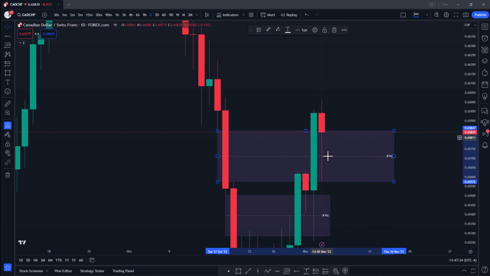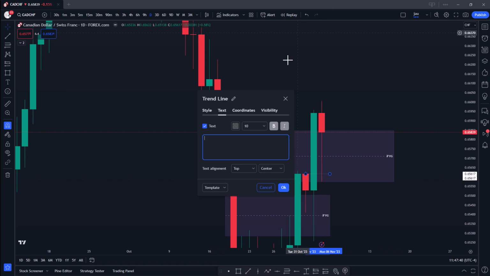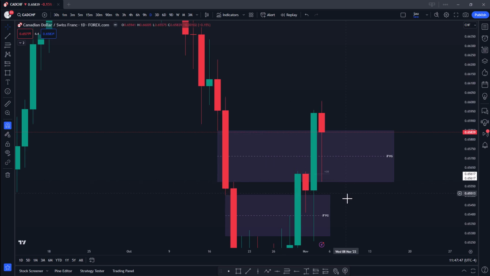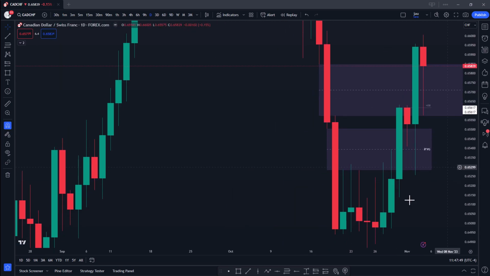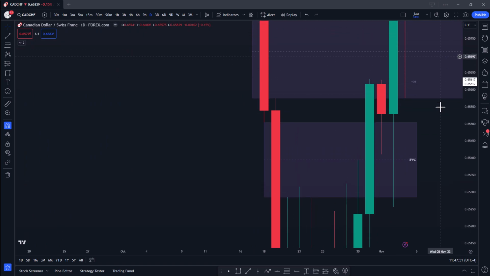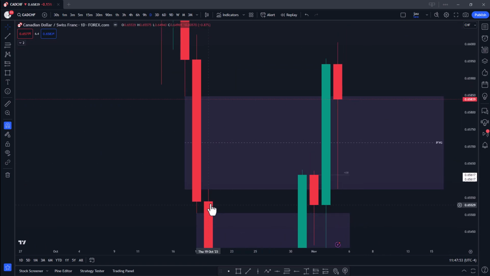We traded below into it, not creating any fair value gap, but traded into what I would consider a valid bullish order block. So let's say we have that residing there, rejected from it, and look at the high of this candle up there in the corner.